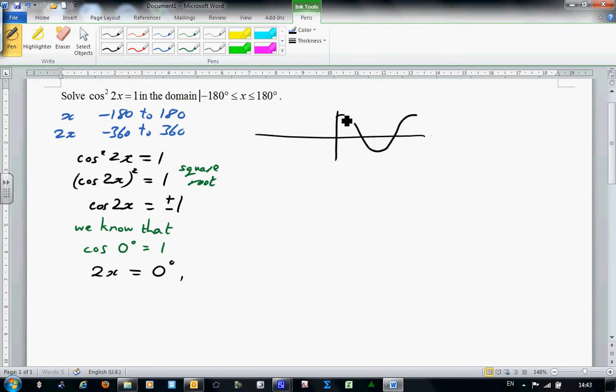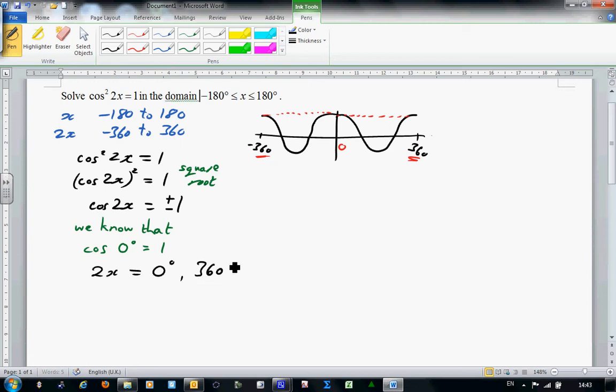So this is 360 and this is negative 360. Where does the cosine equal 1? It equals 1 at 3 places: 0, minus 360 and plus 360. So 2x is going to be equal to 0, 360 or negative 360.